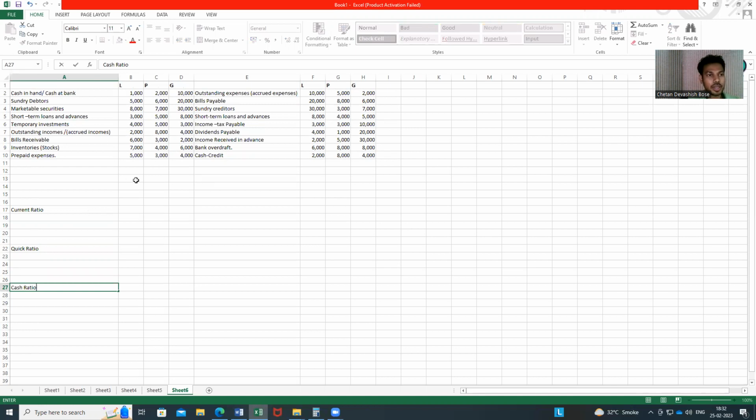Well, now see this. These are all entries that you generally see in current assets. These are all entries which can be termed as current liabilities.